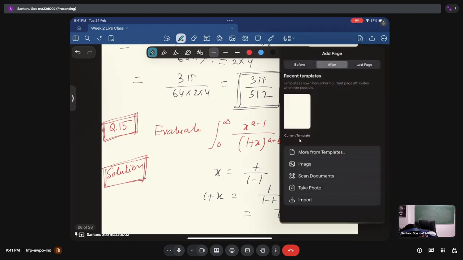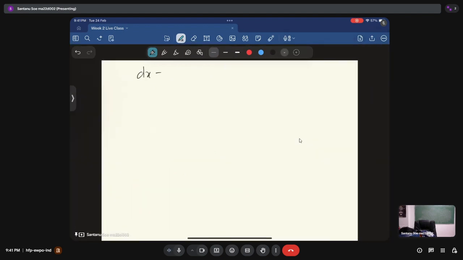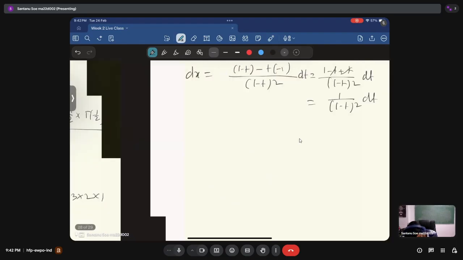Okay, and dx is gonna be 1 minus t square, 1 minus t minus t times minus of 1. So t will get cancelled out, 1 minus t plus t divided by 1 minus t square. There will be another dt here. So this is gonna be 1 divided by 1 minus t square dt.